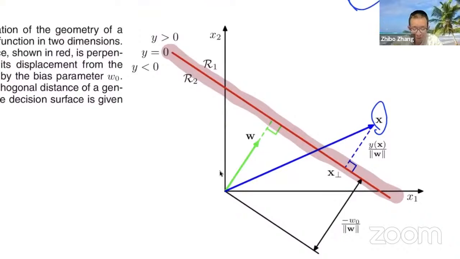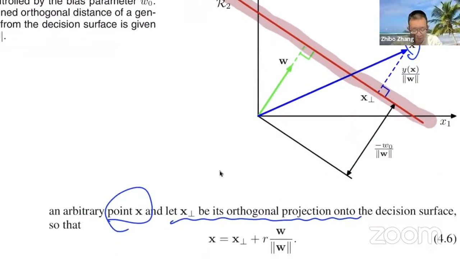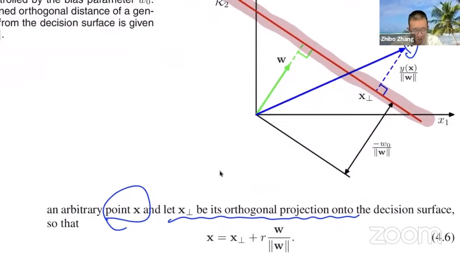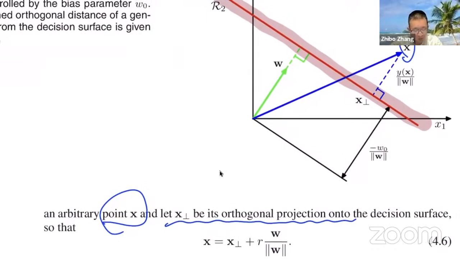So we have x in a two-dimensional space, x1, x2, and we want x orthogonal. I don't know how to call this notation, but let's just call it x orthogonal.